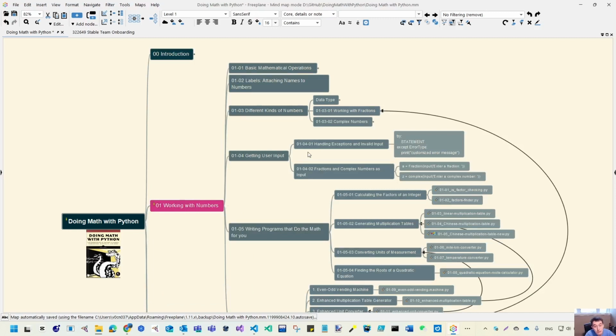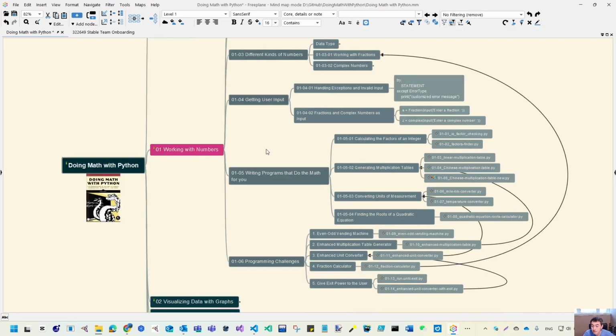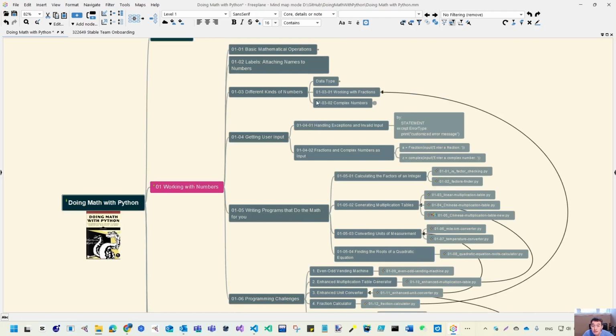Once we have finished the first chapter, I hope you also take a little time before going forward to review the knowledge you have learned. Here, within the free plan, it gives us an easier way to connect different knowledge points by links. When we learned chapter 1.3, we learned 010301, how to work with fractions.